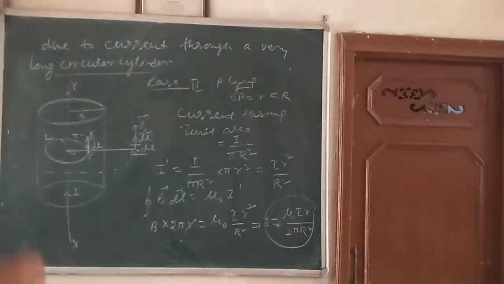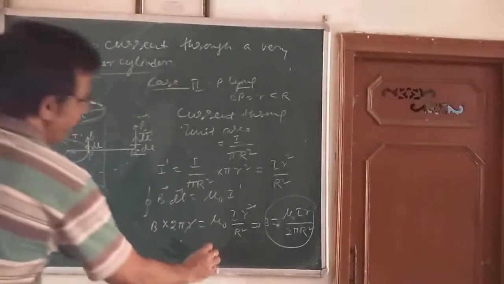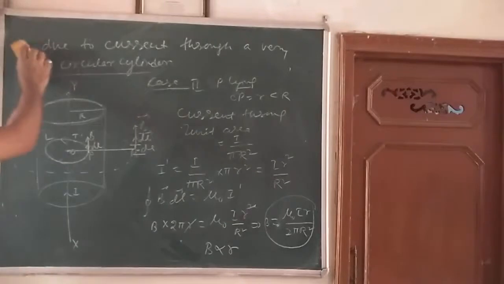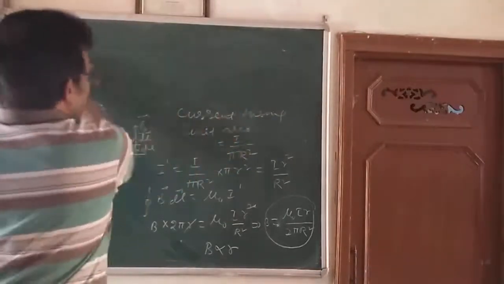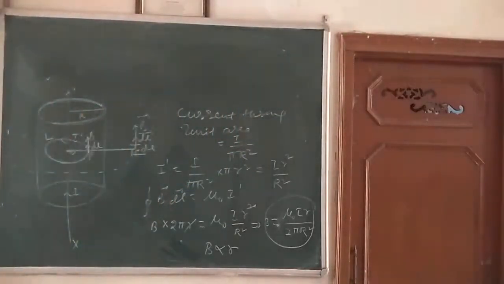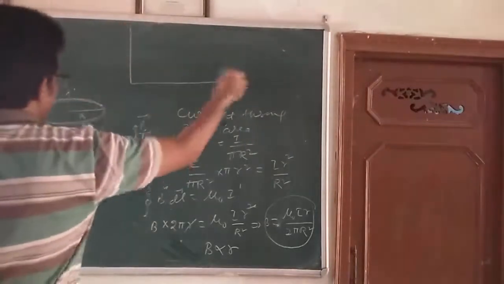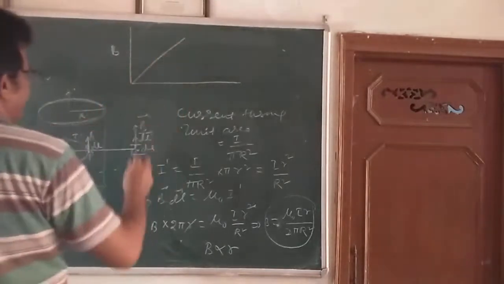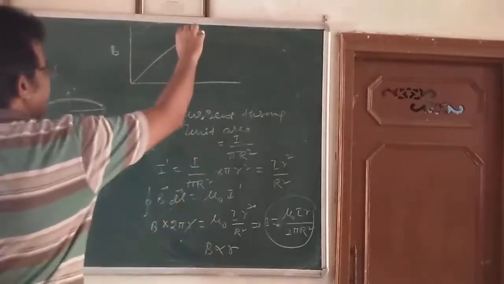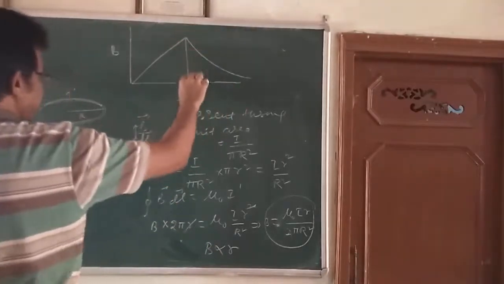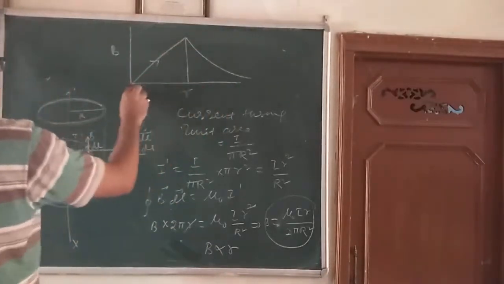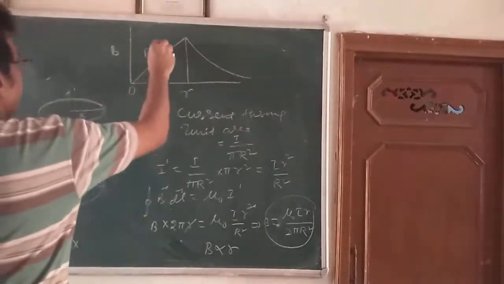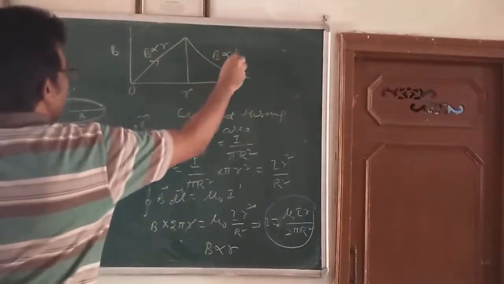So I can say the magnetic field is directly proportional to r. So children, we took two special cases. If I want to draw a graph between the magnetic field and the distance, it is something like this. Here it is a straight line inside the cylinder, where B is proportional to r, and outside the cylinder B is proportional to 1 by r.